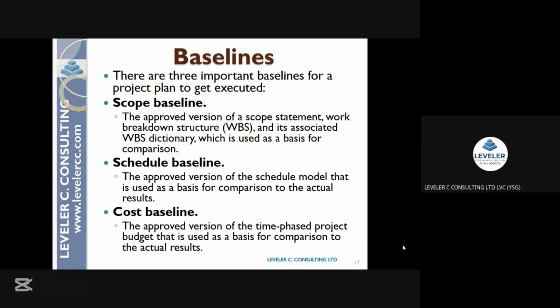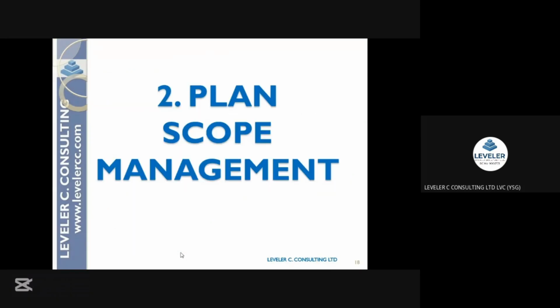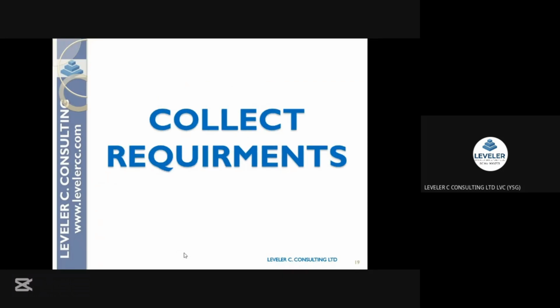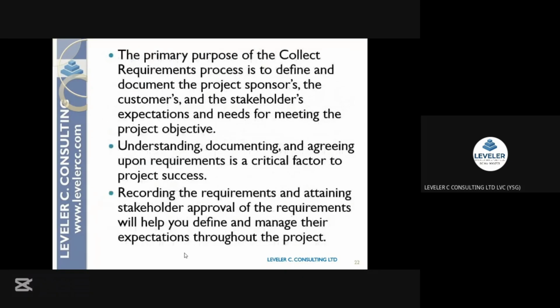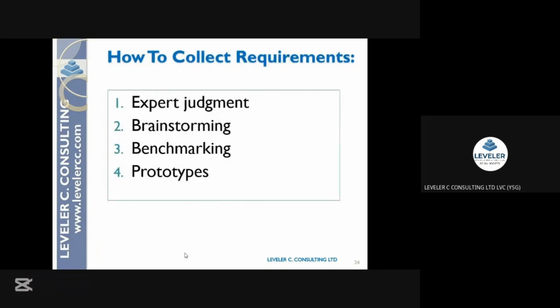You understand? So we now began our planning process properly, and we started with collecting requirements. How do we collect requirements? We said we are going to, of course, use expert judgment, brainstorming, we benchmark, we prototype. I think this is where we didn't capture the recordings.